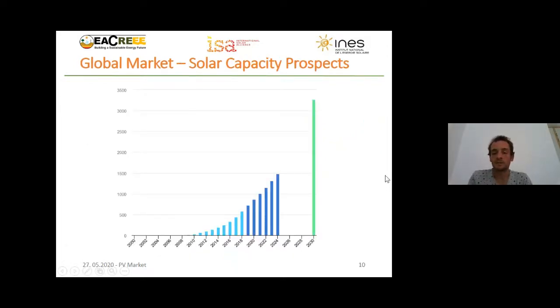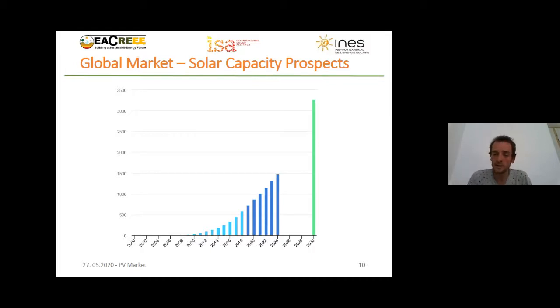What about the prospects? We have talked about data from the past, but the IEA, the International Energy Agency, like many other institutions, has expertise in energy. The IEA is making some projections for the next years, especially for solar energy, which is a growing market.